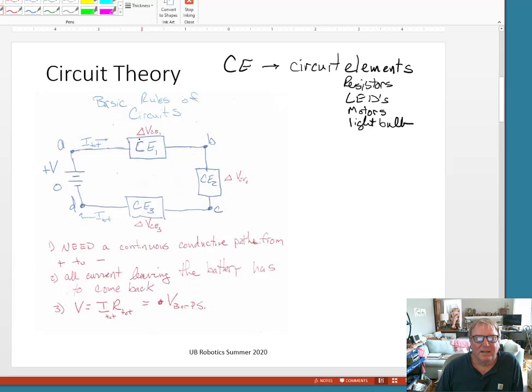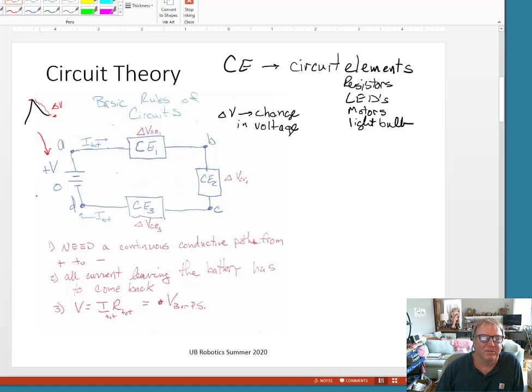Okay, now you see this delta V. And delta V is just the change in the voltage. So as you saw in the first crash course video with the mountain, and then you have the river of current flowing down. So the height of the mountain is a kind of a delta V. And in our case, it would be the delta V of the battery.